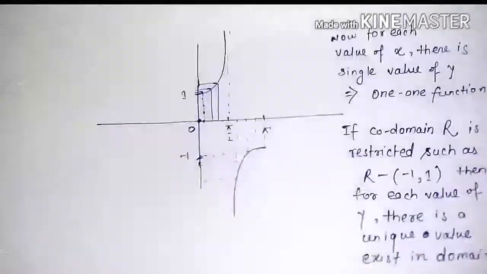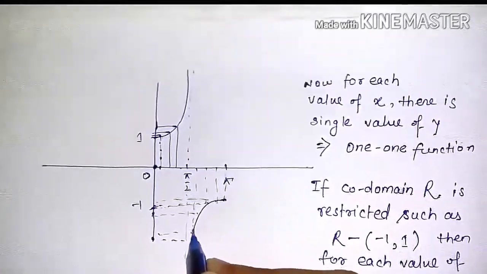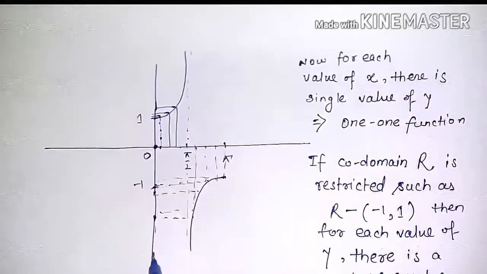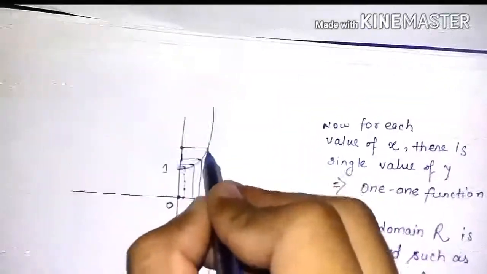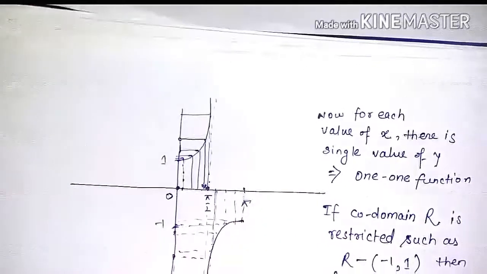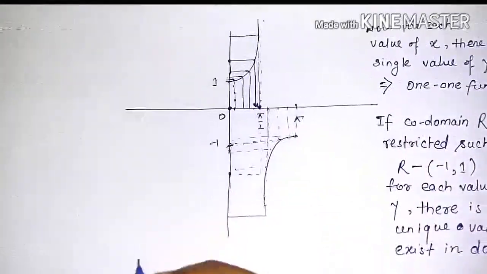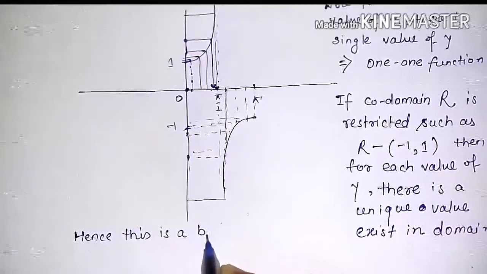Similarly, for each value of y from the codomain there exists a unique value of x, and this also holds. Hence we can say that this is a bijective function.